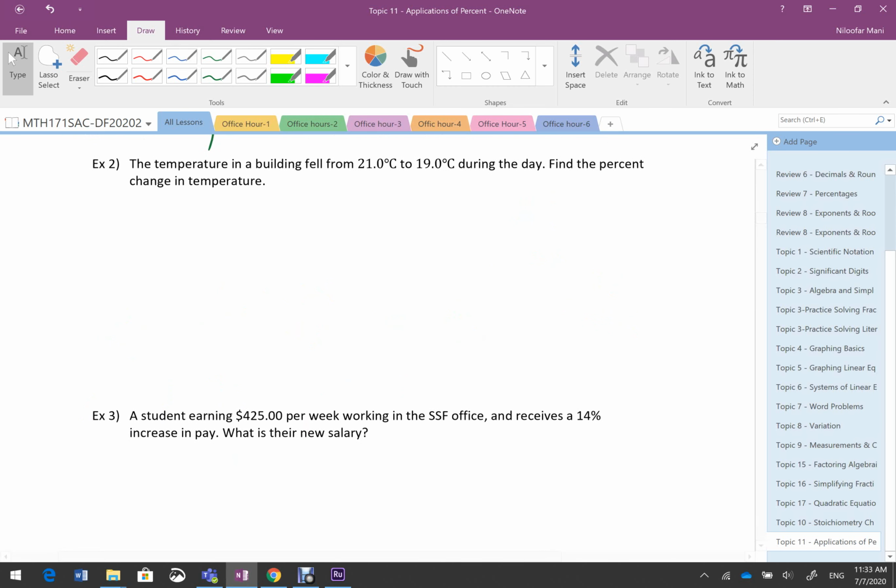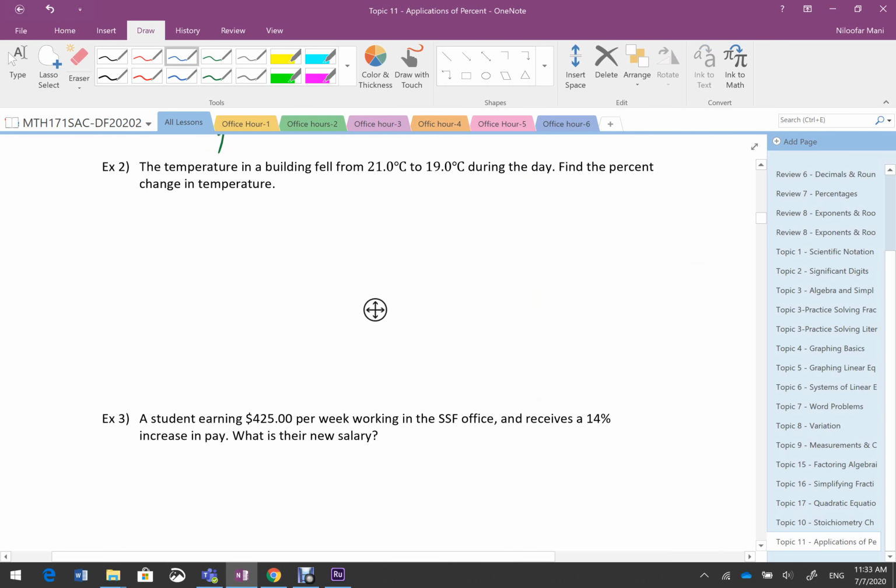How about here? The temperature in a building fell from this to that. Fell means going down. So this is the old value and this is the new value. So it's 19 minus 21, divided by 21, equals x over 100.